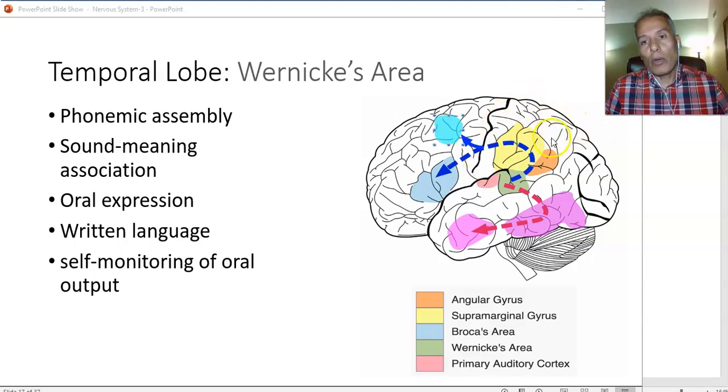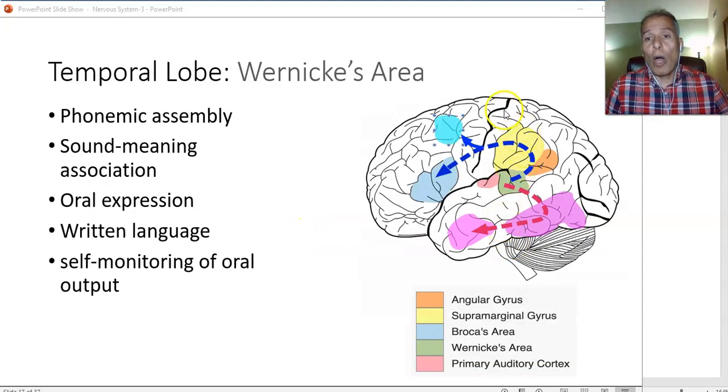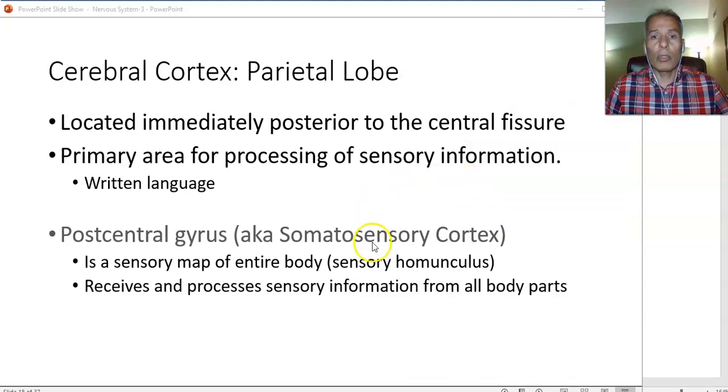You also have the somatosensory association cortex that enables you to integrate vision with touch and movement, and with hearing, with different functions. And as I mentioned, the postcentral gyrus, the somatosensory cortex, has a systematic map that gives you sensations from different parts of your body.